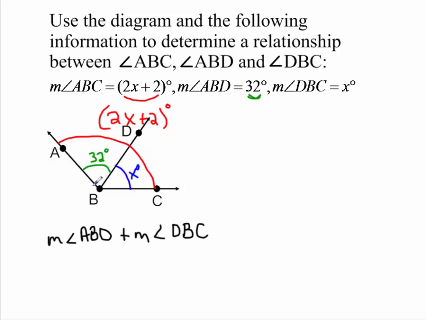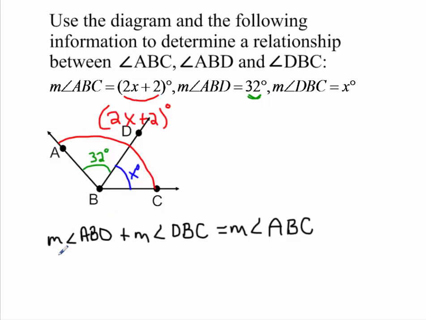Well, if I add these two measures together, it should equal the measure of angle ABC. So these two smaller angles combined give me the entire angle. So the measure of angle ABD plus the measure of angle DBC is equal to the measure of angle ABC. Right, these two angles combined give me the whole measure.